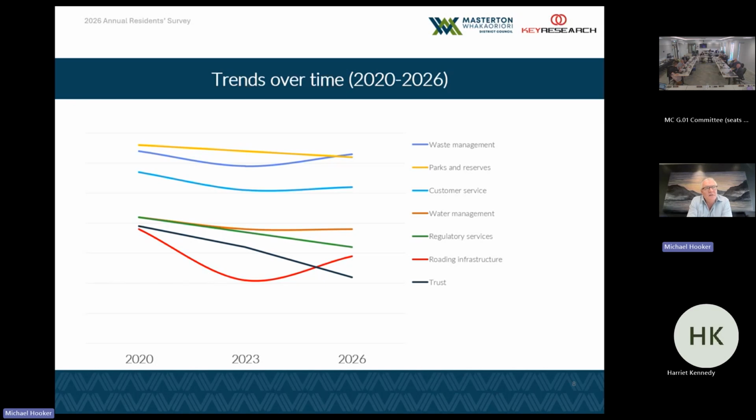This pattern is fairly similar across a number of our council clients across the country. Older residents are much happier with things, and younger residents are much more dissatisfied. So that pattern is similar.